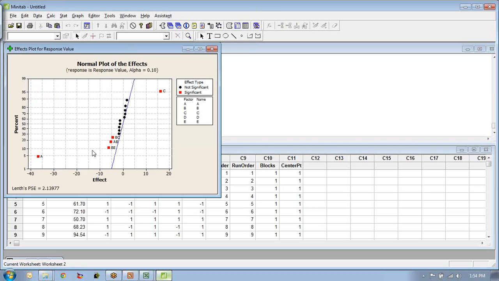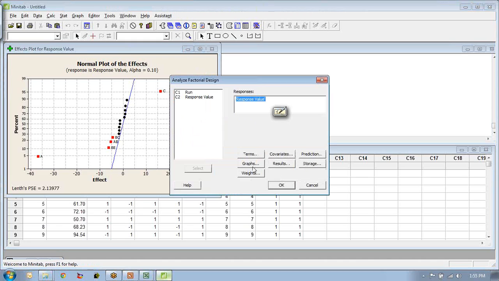Aha! I've got A, BE, AB, BC, and C. A lot of interactions there. A lot of interactions. So I've got to write those down. Let's see. BE, AB, BC. Okay. Take out the others.